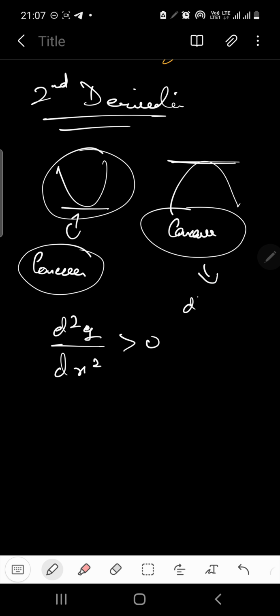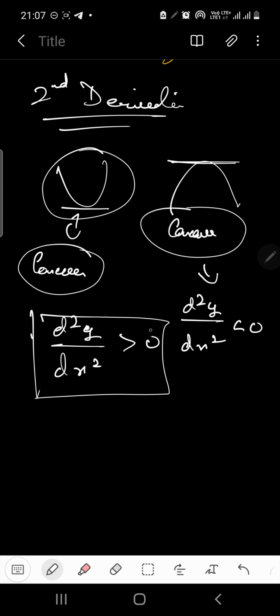Here, your second derivative will be less than 0. Clear? At some point x, at which we are trying to find whether you have a maximum point or a minimum point. Got it?